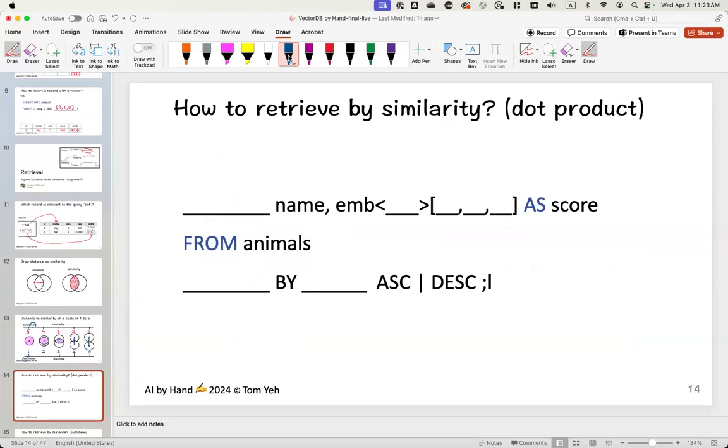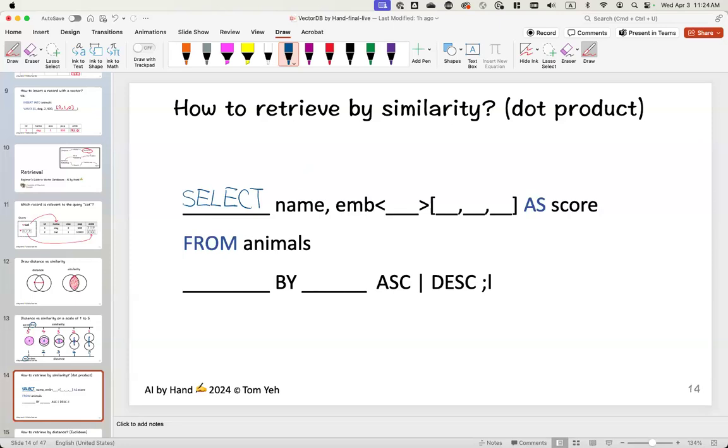There's a special extended syntax for SQL that's supported by database vendors such as SingleStore and some other vendors. You could do a select, which is the typical SQL syntax, to select the name of the animal, cat and dog.